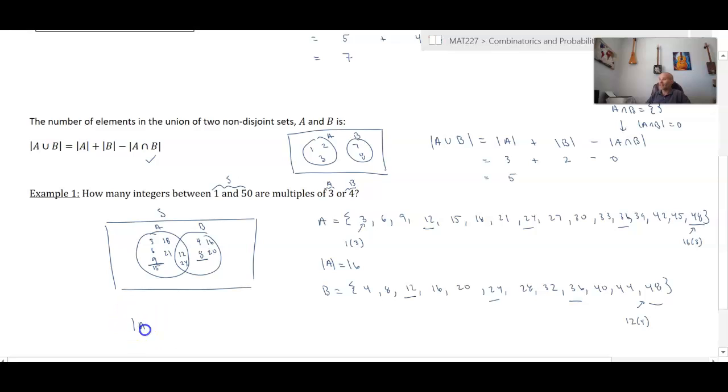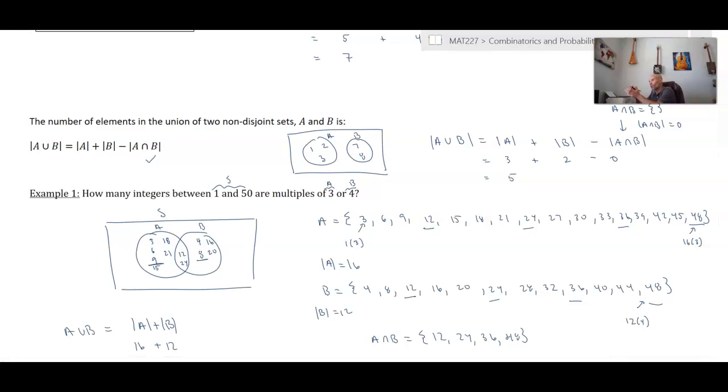And so if I just added the size of A plus the size of B to figure out how many elements they collectively have, we'd be adding 16 plus 12, but we get all of those 4 elements that they have in common. Namely, the intersection between A and B is the elements 12, 24, 36, and 48. Look at that. Multiples of 12, right? Because the first number that they have in common is 3 times 4, which is 12.